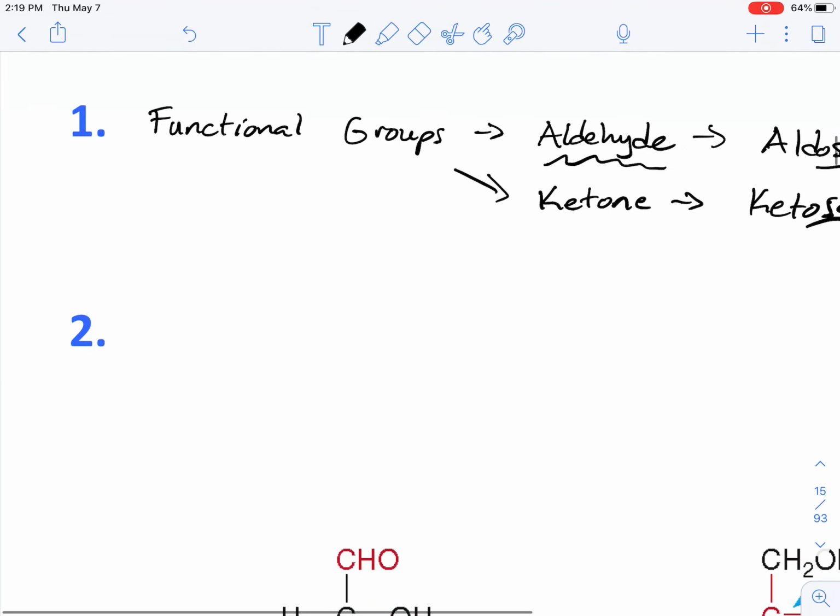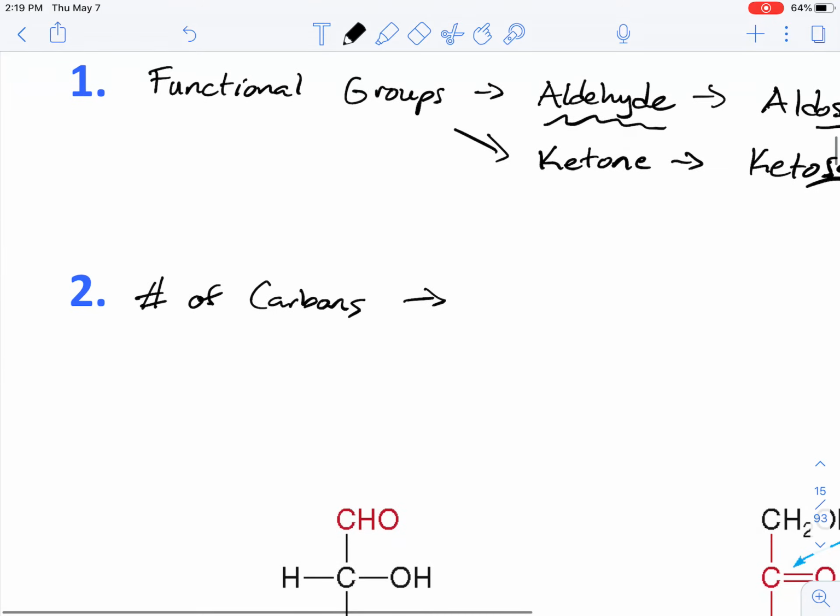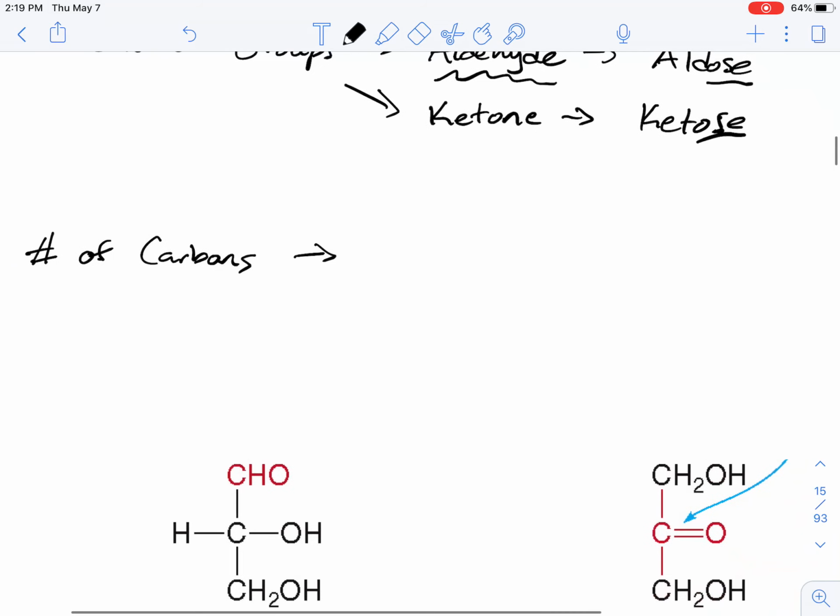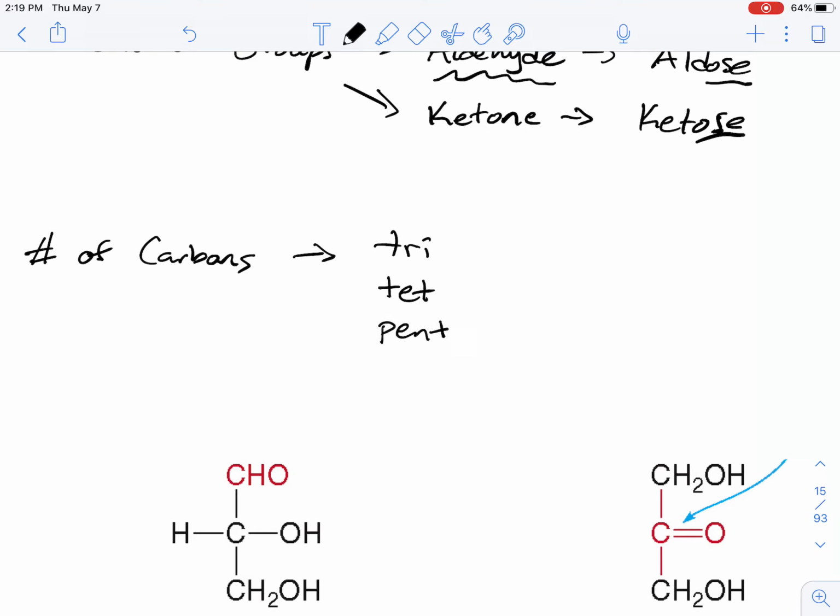And so the second way that we're going to classify our sugars is through the number of carbons. And you guys are going to be using prefixes such as tri, tet, pent, hex, hept. Okay.